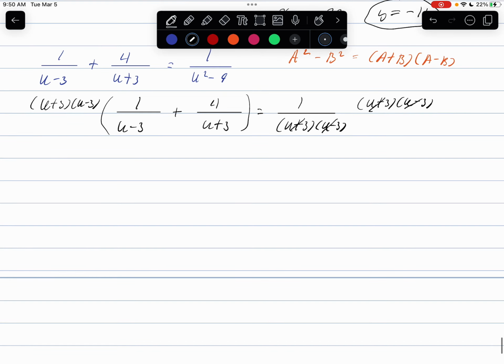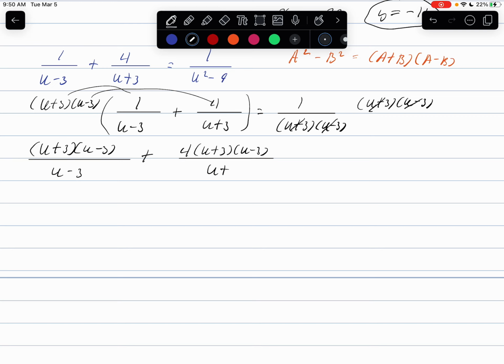These will all cancel. Now we're going to be left with, on the left-hand side, we can distribute this whole thing, u plus 3 times u minus 3, to each of these. So we'll have u plus 3 times u minus 3 over u minus 3 plus 4 times u plus 3 times u minus 3 over u plus 3, and this is equal to 1.